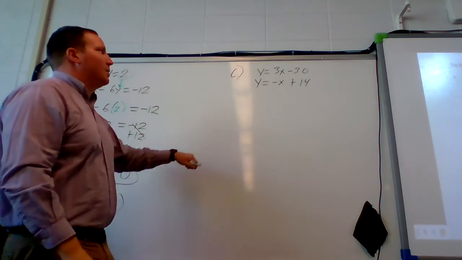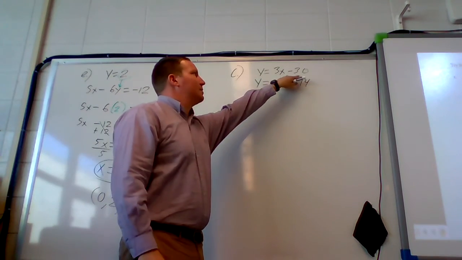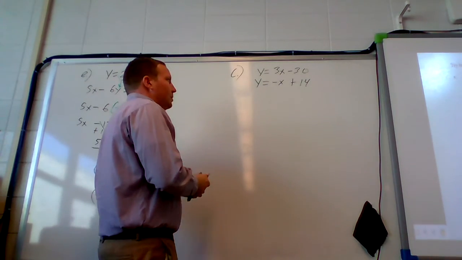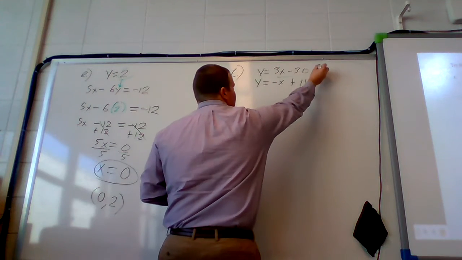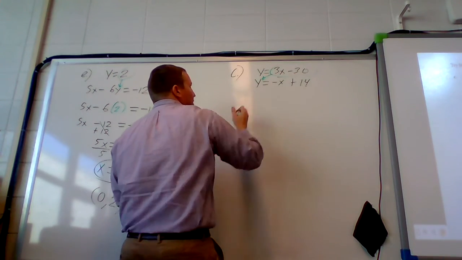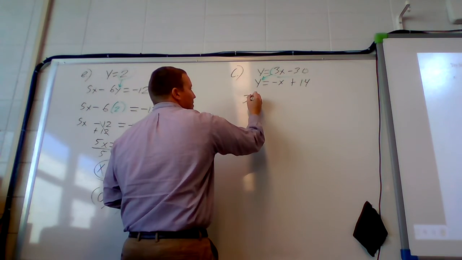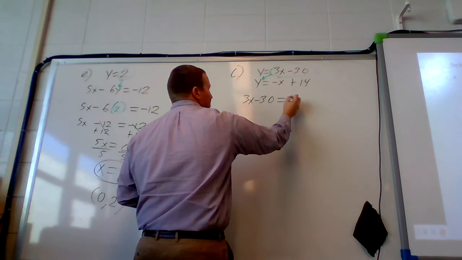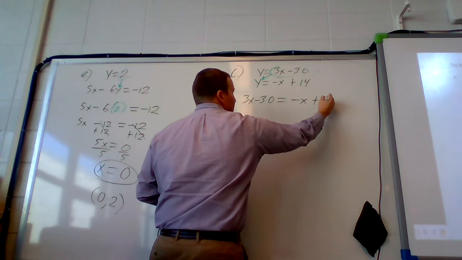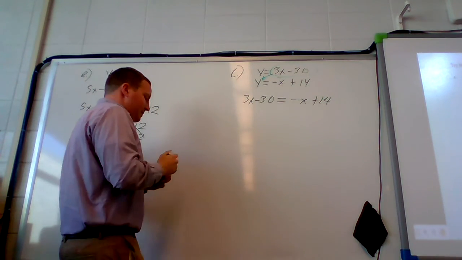So again, in this case, we have two y's solved for. We can essentially just set what they're equal to each other. And I'm substituting in 3x minus 30, so I've got 3x minus 30 is equal to negative x plus 14.